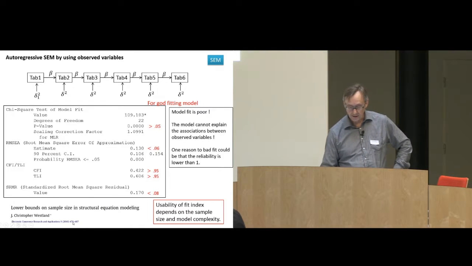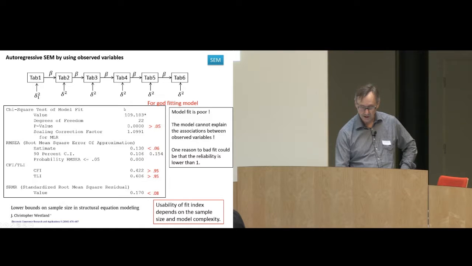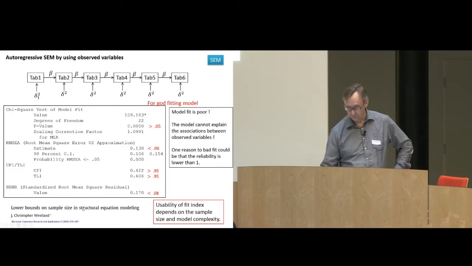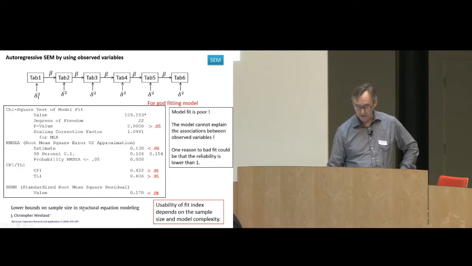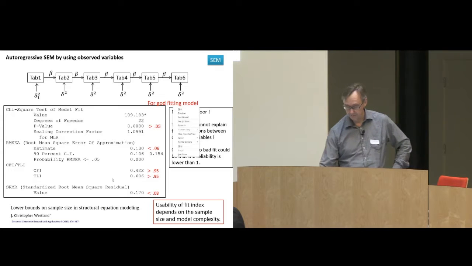It is very hard to decide what the sample size is at which you can use these fit indices. But if you have small data, then the estimation process, right? You might not even be able to use fit indices.